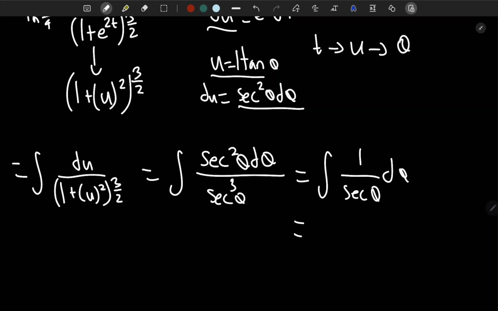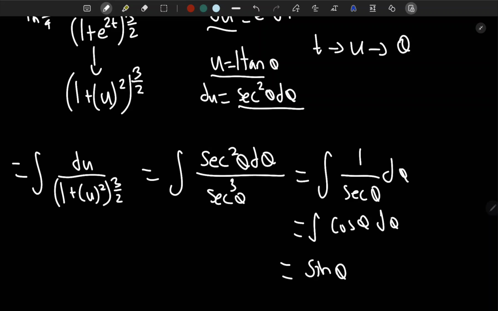And you should know that 1 over secant is equal to cosine, since secant delta is equal to 1 over cosine, so 1 over secant will be equal to cosine, since we're just flipping it. So here, 1 over secant is equal to cosine delta d delta, and the integration of cosine delta is just sine delta. So now we have reached the integration.